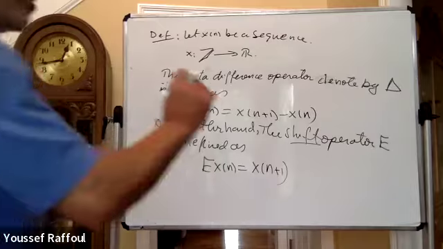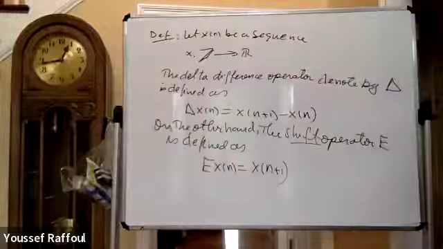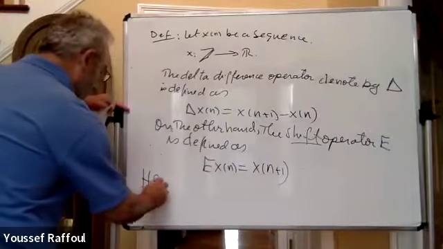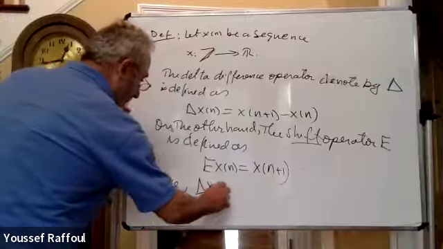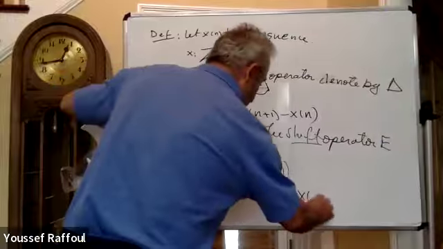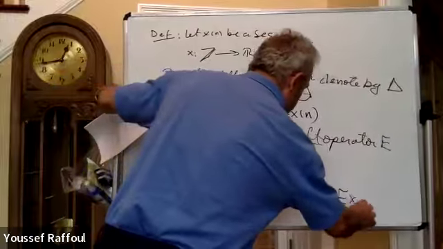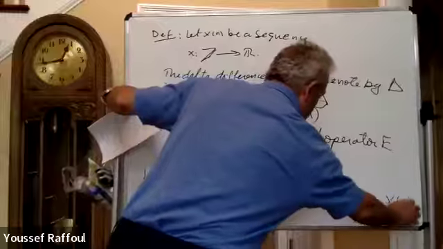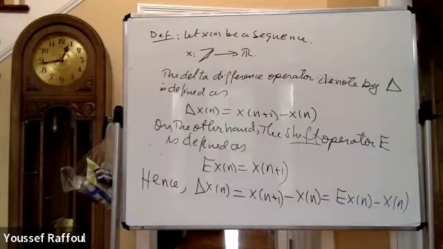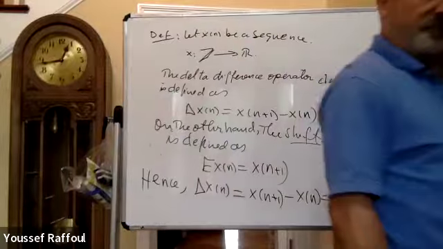You only shift xn by 1 because here our shift is 1, not h. So hence, del xn can be written as x of n plus 1 minus xn, that is E xn minus xn. Any questions?